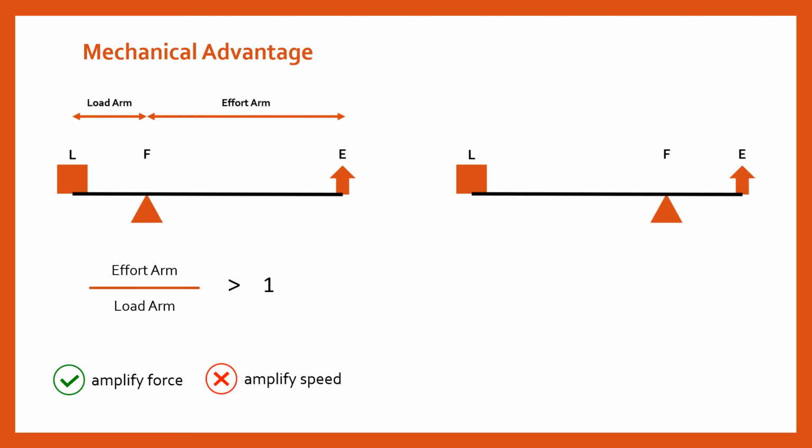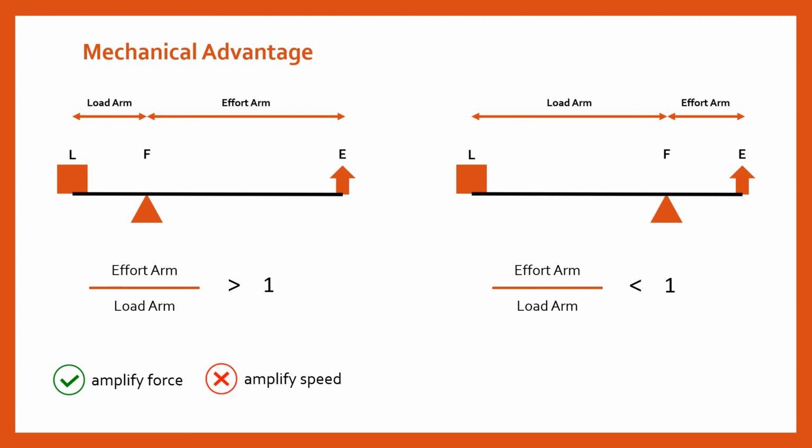Here's a second example. It's also a first class lever because the fulcrum is in the center. It's in between the load and the effort. However, this time the fulcrum is far closer to the effort than to the load. So the effort arm is much shorter, the load arm is comparatively longer. So if we divide the length of the effort arm by the length of the load arm in order to work out mechanical advantage, we're going to get a number that is less than 1.